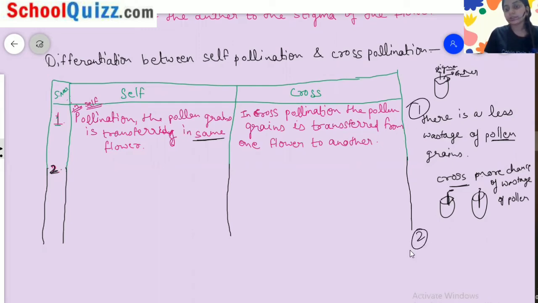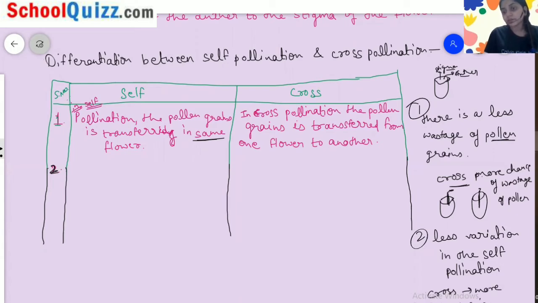And the second important point is that in the self pollination there is less variation, and in the cross pollination there is more variation. Why?